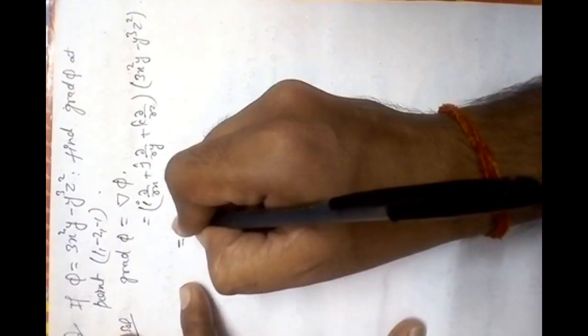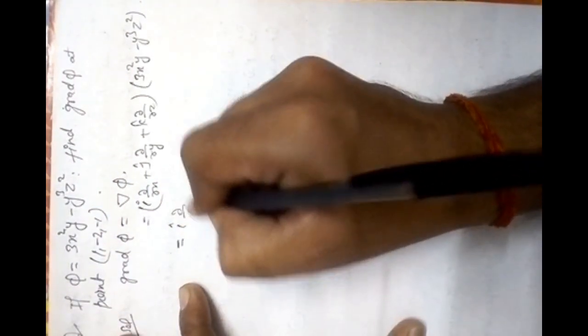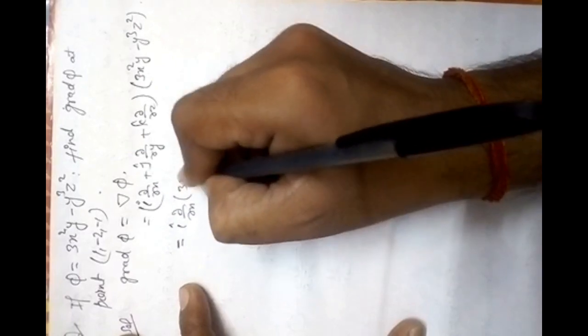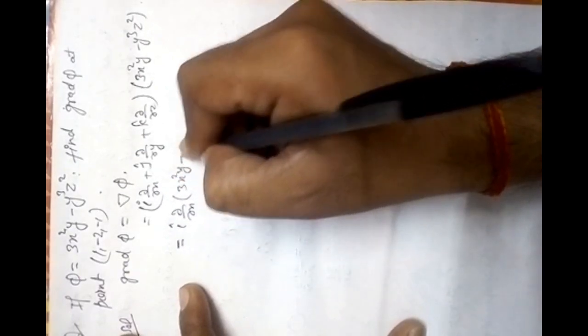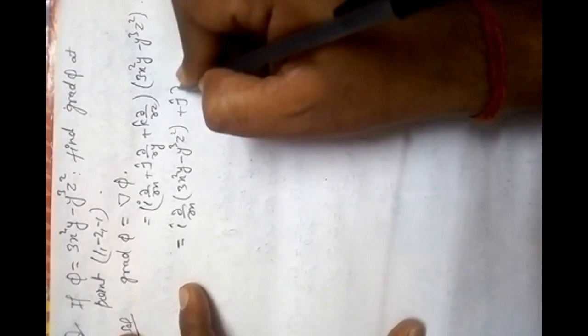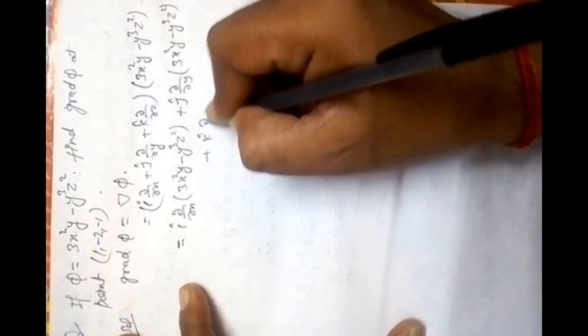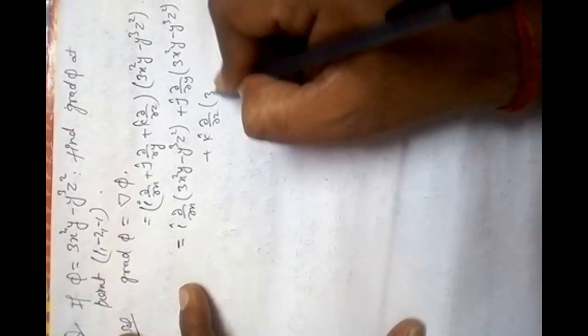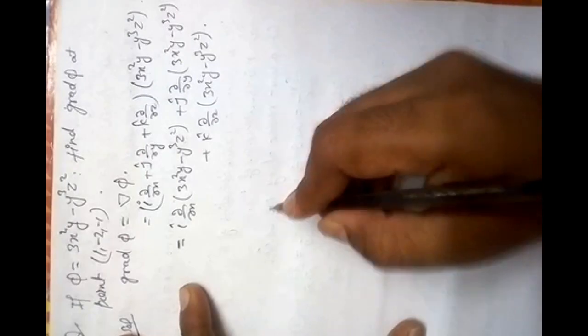So i del upon del x of 3x square y minus y cube z square plus j del upon del y of 3x square y minus y cube z square and plus k del upon del z of 3x square y minus y cube z square.